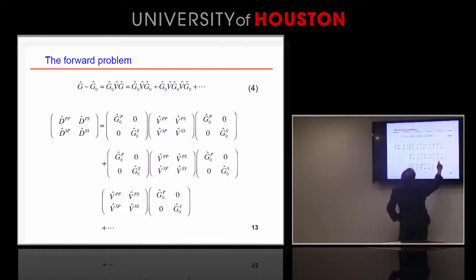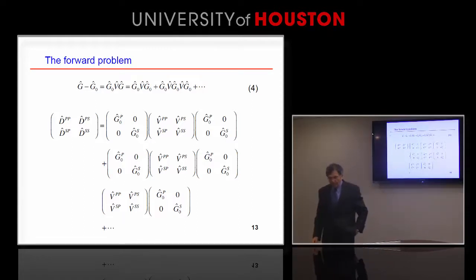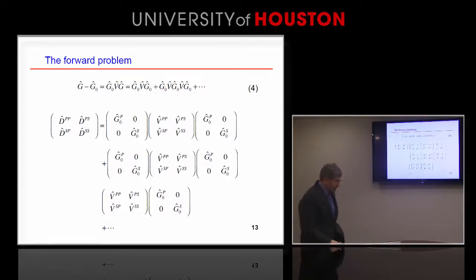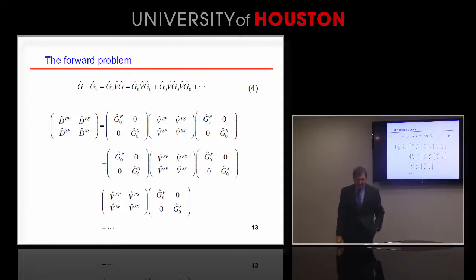And then on this term, you would start off with GP, and then it would have all possibilities that go in intermediate steps through P, through S. So it requires all these components to get any one component of the data. The P data generation is not on its own. It cares about interactions in the Earth that involve P to S.